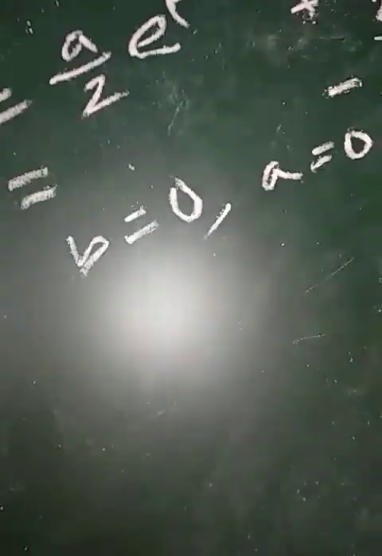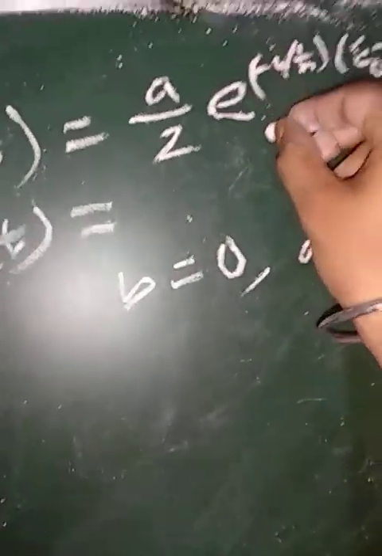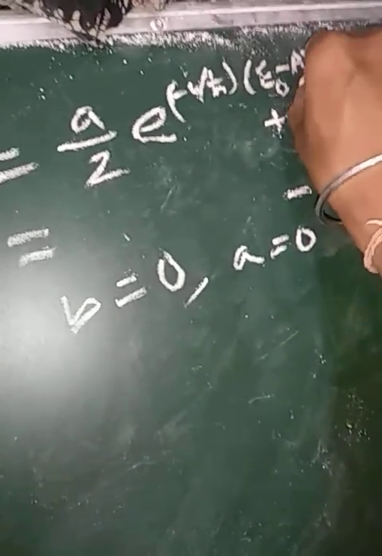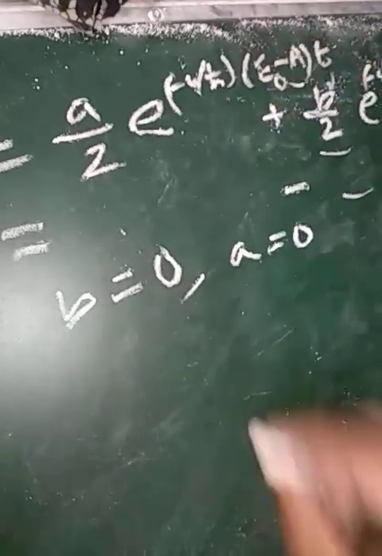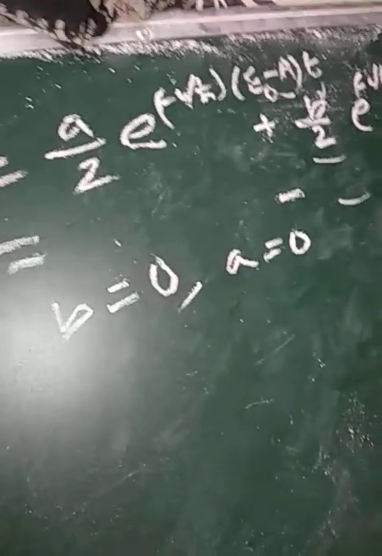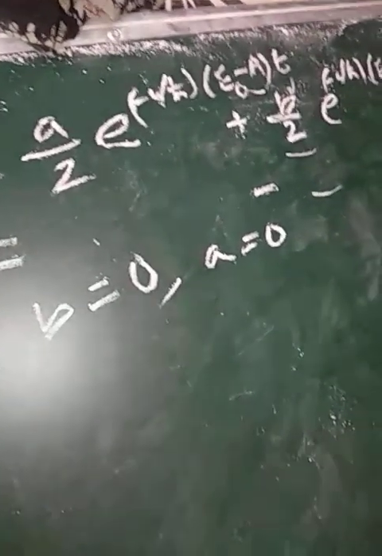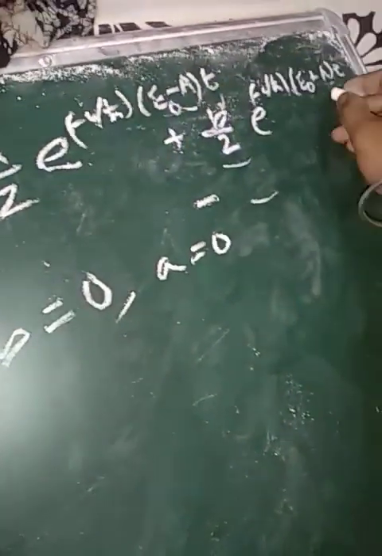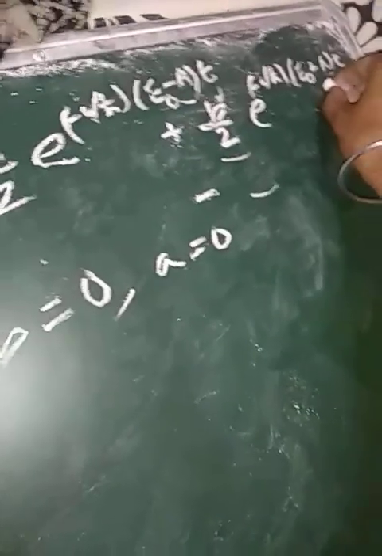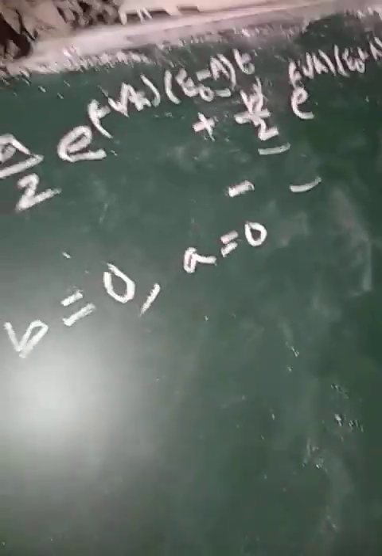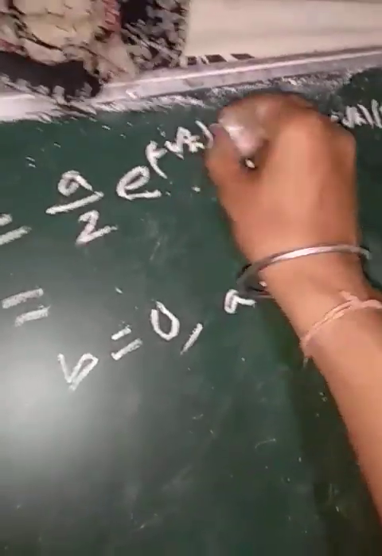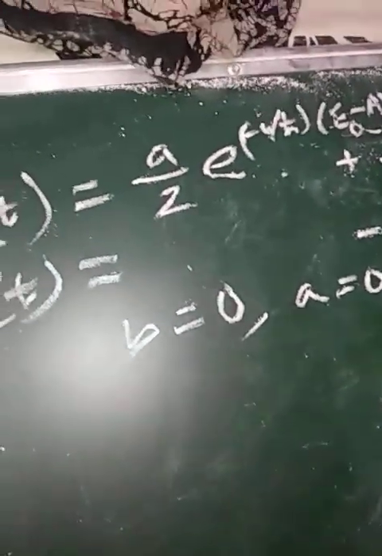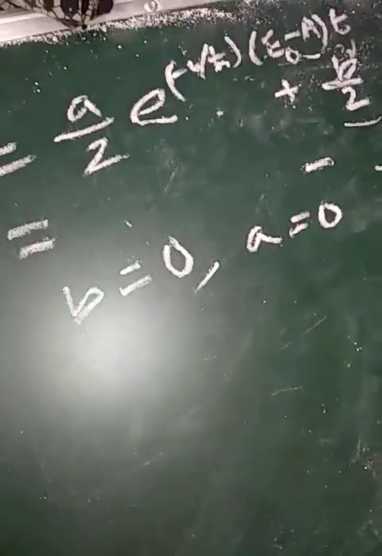But since they have different... what are these frequencies, isn't it? Frequencies of the probability waves. So the frequencies vary. For A equals to 0, this term will appear. This is a higher frequency. For B equals to 0, this is lower frequency. This term will appear. The frequency gives the time evolution of the state.